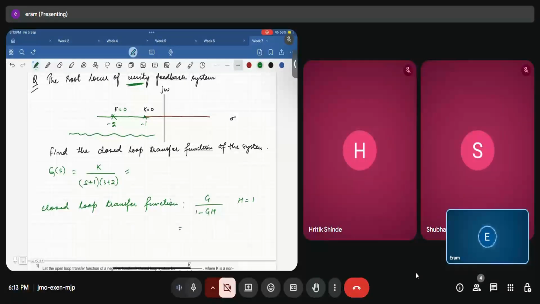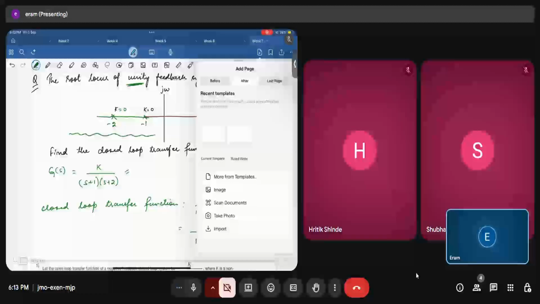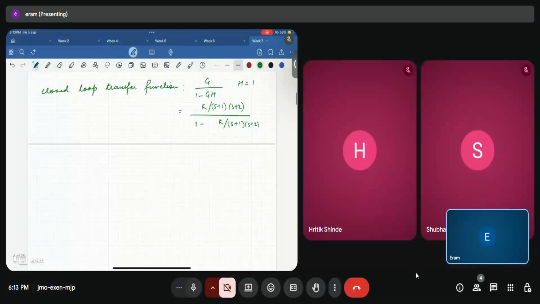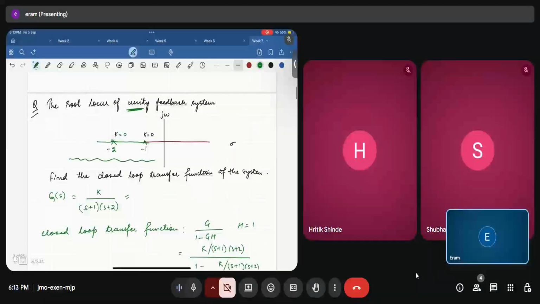So it will be, right, which will give you k divided by (s plus 1)(s plus 2) minus k. So this will be the closed loop transfer function of this root locus, right?